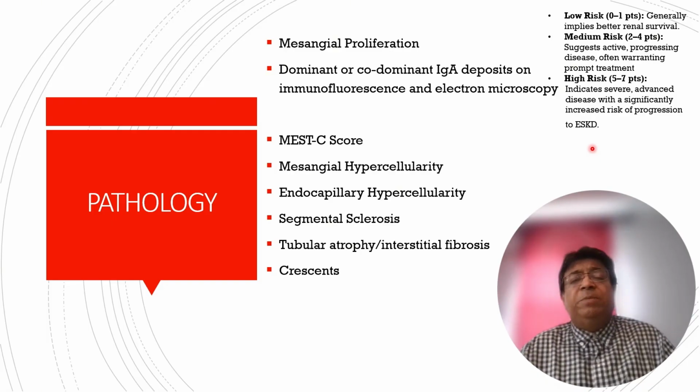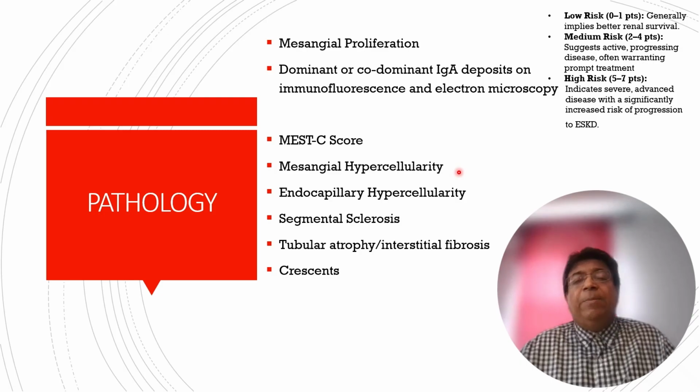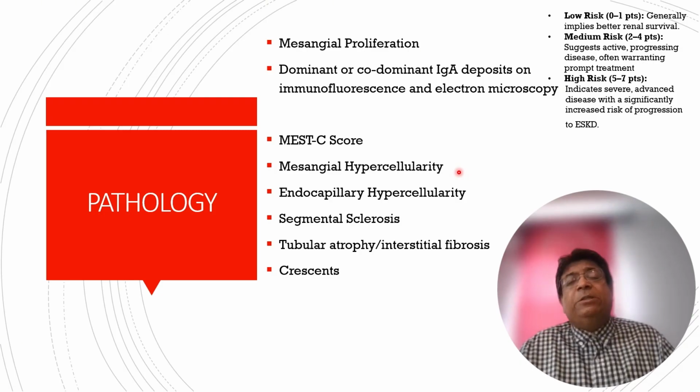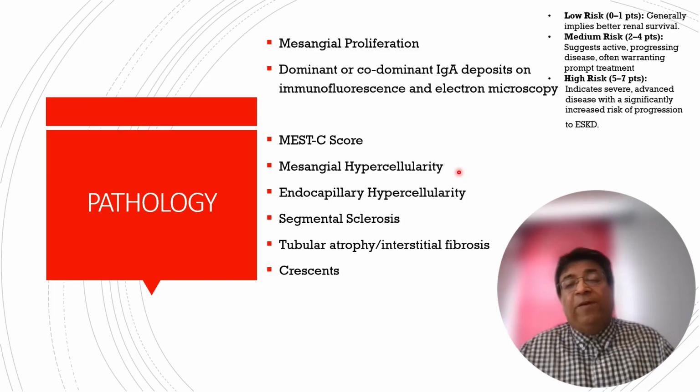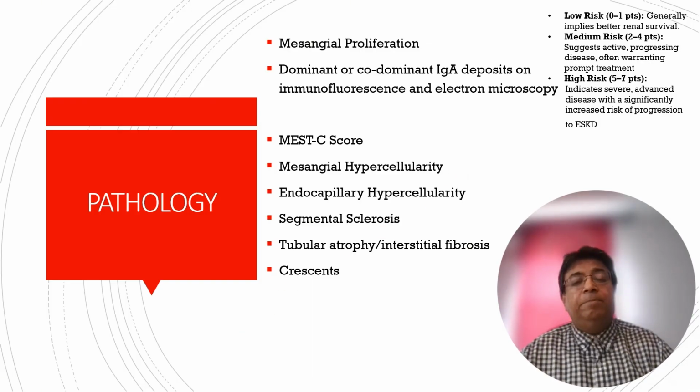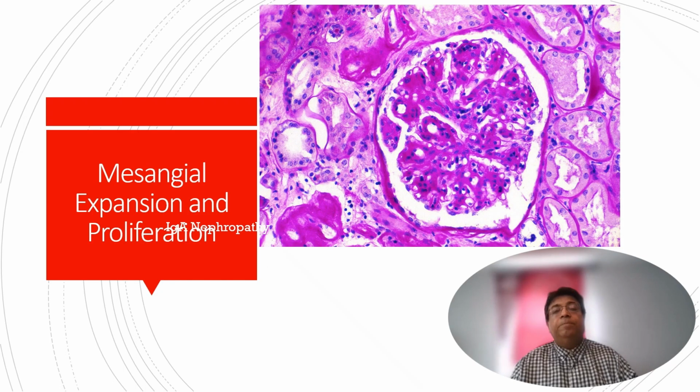All of these terms, mesangial hypercellularity, endocapillary hypercellularity, segmental sclerosis, interstitial fibrosis, tubular atrophy, and crescents have been described in some detail in board review talk number 5. So this is an example of mesangial expansion.